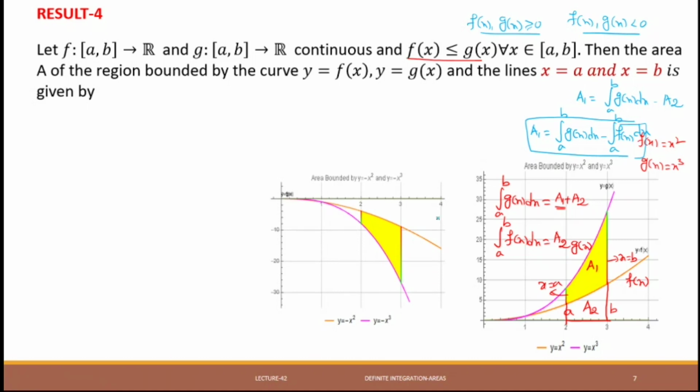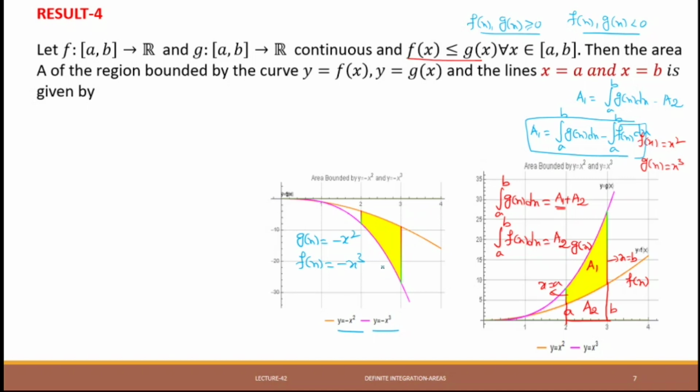Here I am considering the two curves, namely y is equal to minus x square and y is equal to minus x cube. So in this scenario I take my g of x. G of x is always above, so this is minus x square, and f of x is equal to minus x cube. And graphically you can see the graph of minus x square lies above the graph of minus x cube.